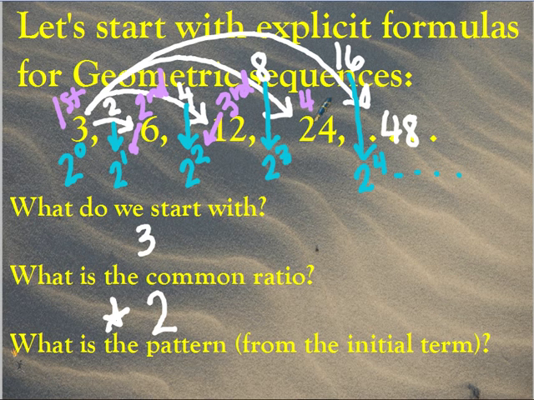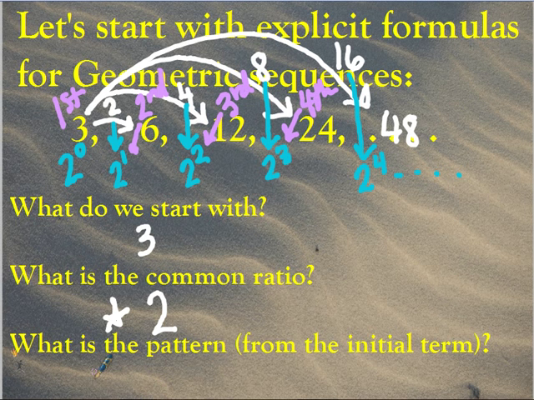To get to my fourth term, I multiplied 2 to a power of 3. To get to my fifth term, I used a power of 4. To get to my sixth term, I would have used a power of 5, and on and on. To get to my 100th term, I would use a power of 99, right?